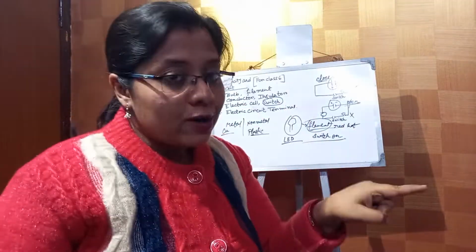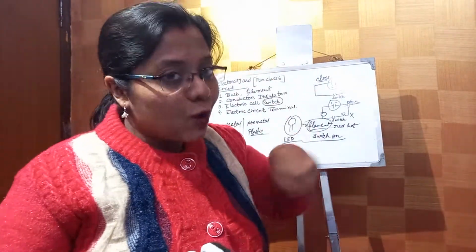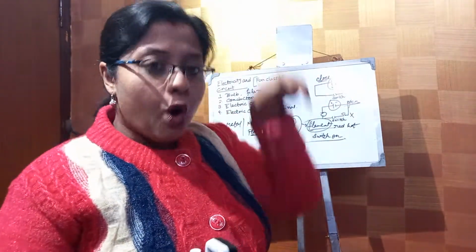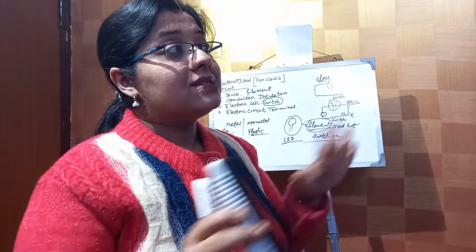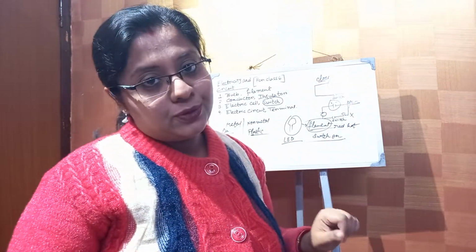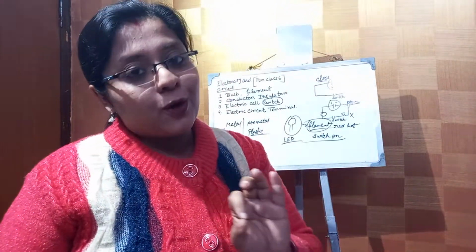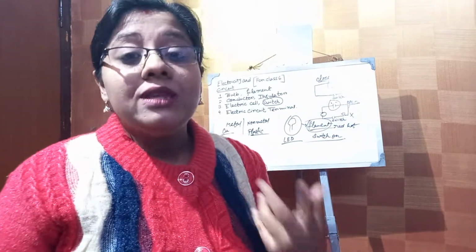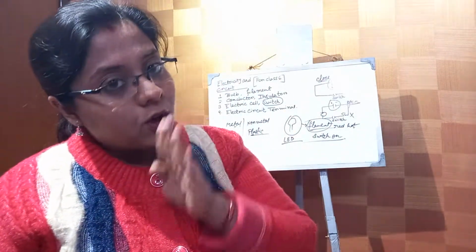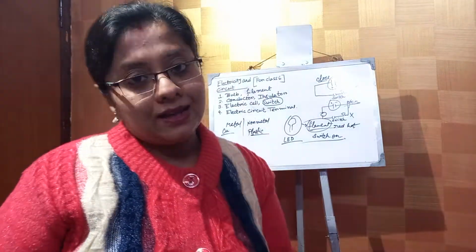If I switch on, that means my circuit is now a closed circuit and the current or electric charges are flowing. If I switch it off, that means the circuit has been broken. Now no electric charges will move and the bulb will not glow anymore. These are the purposes. By using the switch, we can close and open any electric circuit.